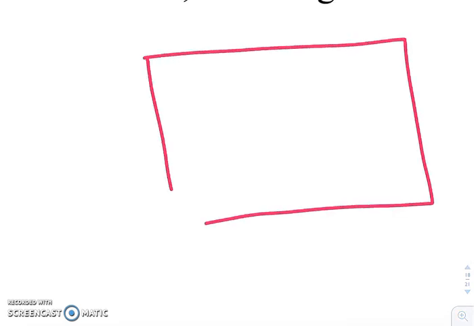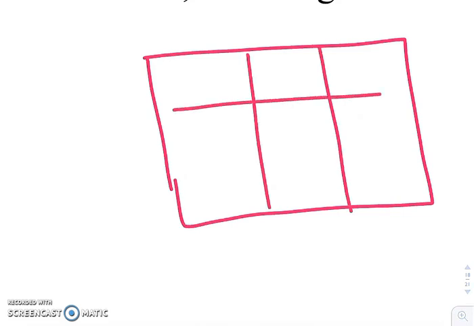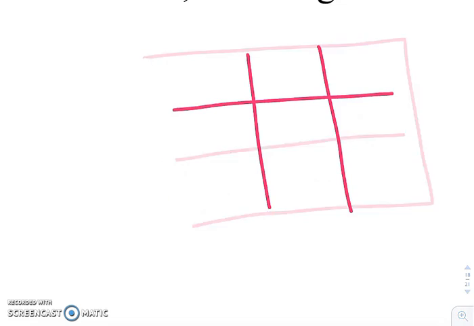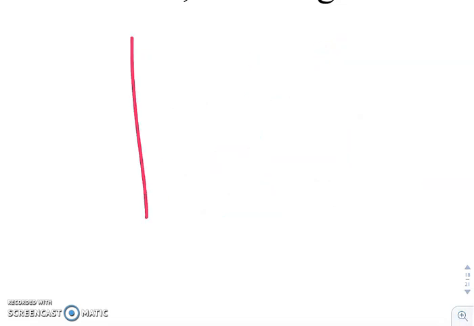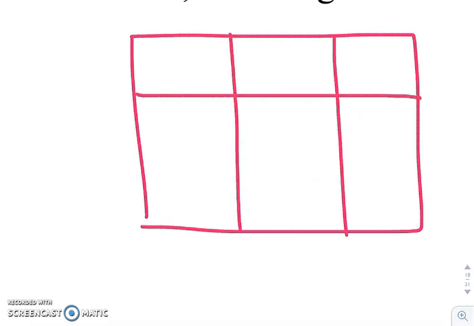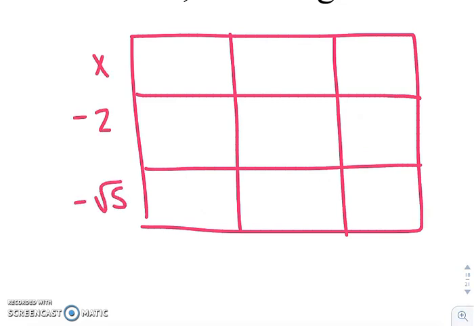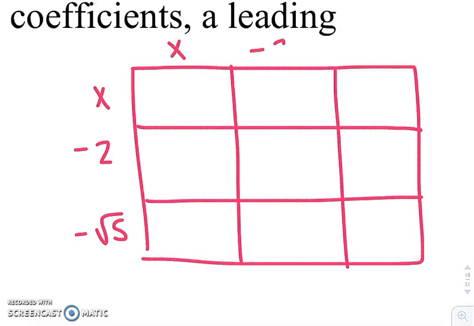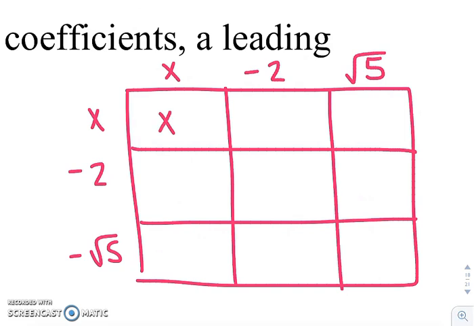One side being x minus 2 minus square root 5, and then the other side being x minus 2 plus square root 5. So x times x, x squared, and x times negative 2, negative 2x, x times square root 5, we'll just write as that. Looks a little weird, but it will eventually cancel.